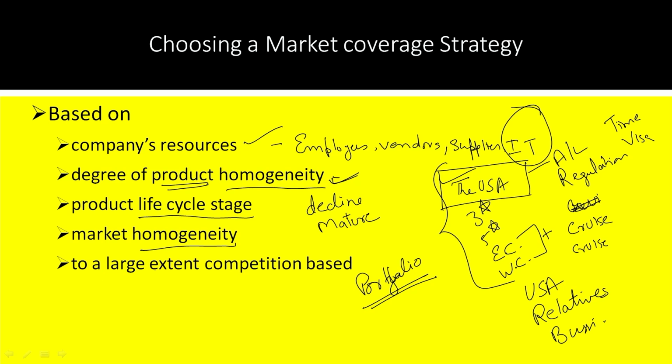Now, next is, to a large extent, competition based. Whatever may be the level of competition, companies always decide their market coverage strategy on the basis of the level of competition which is existing. Companies never want a very reactive market.